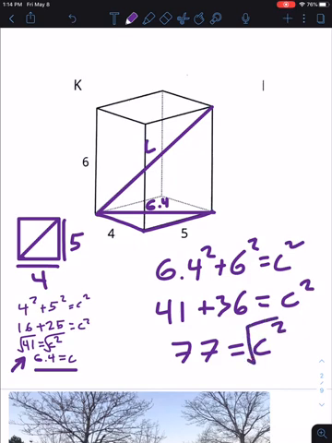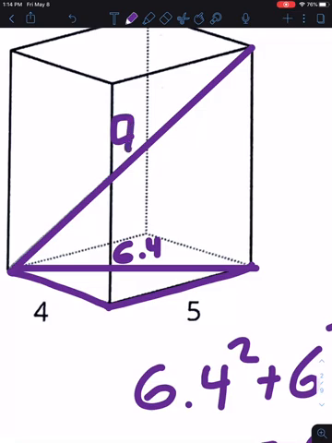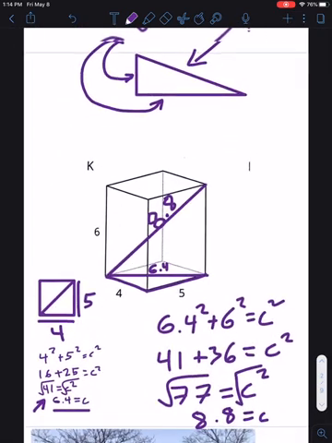I do not like sevens, but that's okay. Let's find the square root. The square root of 77 is just about 8.8, so c is equal to 8.8. Now we know the length of that line.